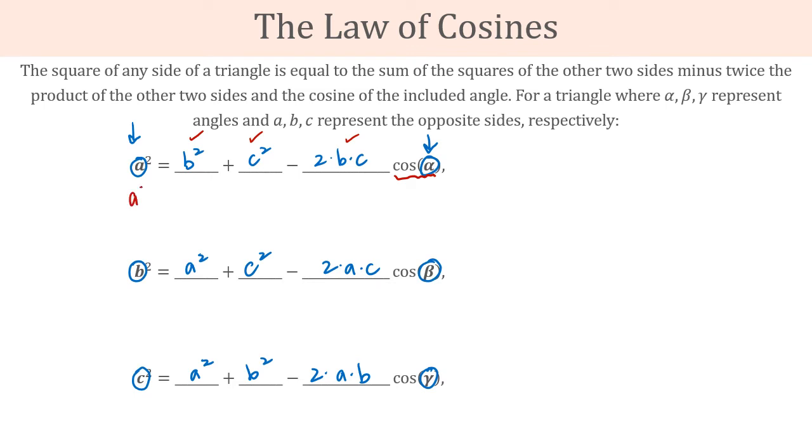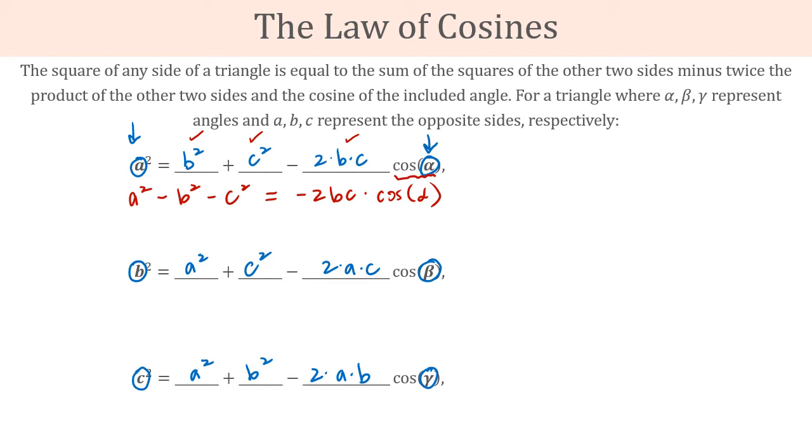I would say a to the second power minus b to the second power minus c to the second power would equal negative 2bc times the cosine of alpha.